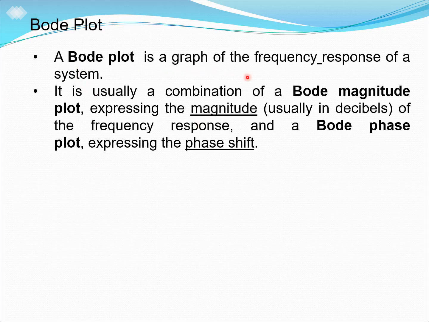A Bode plot is a graph of the frequency response of a system. It is usually a combination of a Bode magnitude plot expressing the magnitude of the frequency response and is measured in dB or decibels, and also a Bode phase plot which expresses the phase shift and measured in angle degree.